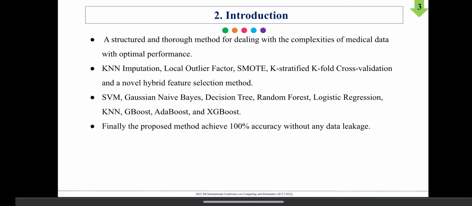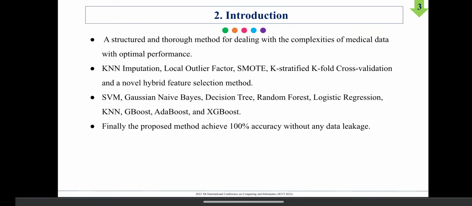Introduction. We present a structured and thorough method for dealing with the complexities of medical data with optimal performance. In our research, we applied KNN imputation to impute missing values, local outlier factor to remove outliers, SMOTE to handle data imbalance, stratified K-fold cross-validation to validate the ML models, and a novel hybrid feature selection method to remove redundant features.